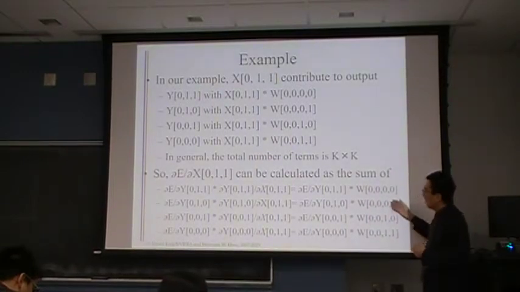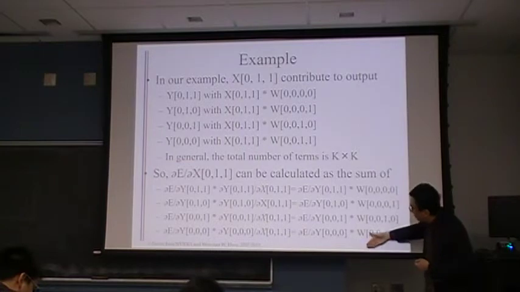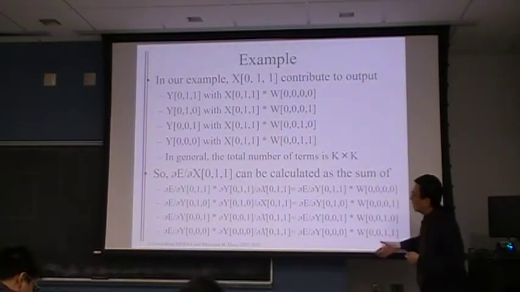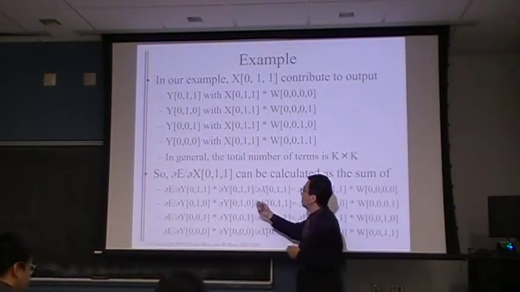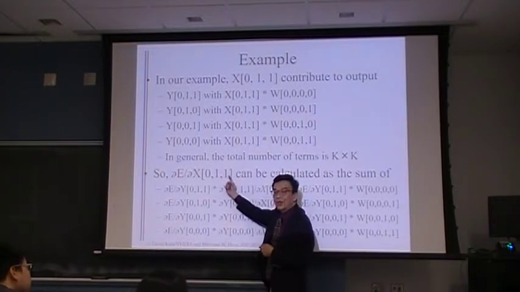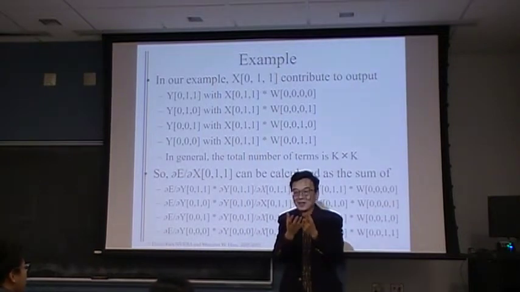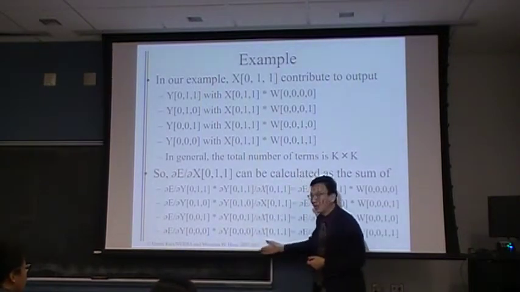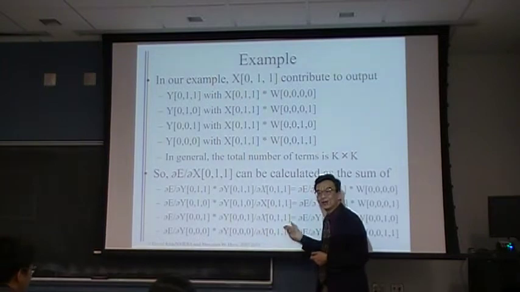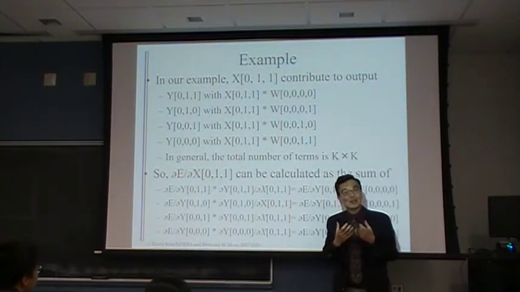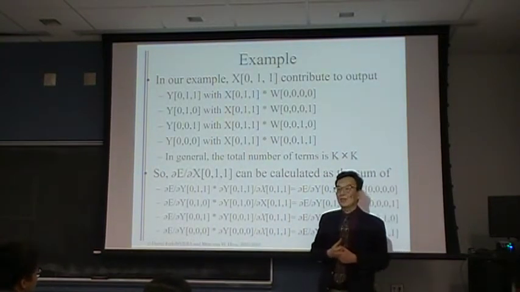So these are the terms that I'm going to see as far as how the x11 in input feature map 0 is going to affect the error. I'm going to have k times k terms here, so that I can generate the value.